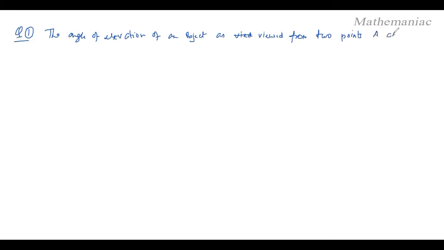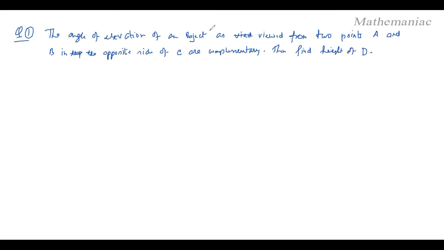Two points A and B, in the opposite side of C, are complementary. Then find the height of D. Where is D?